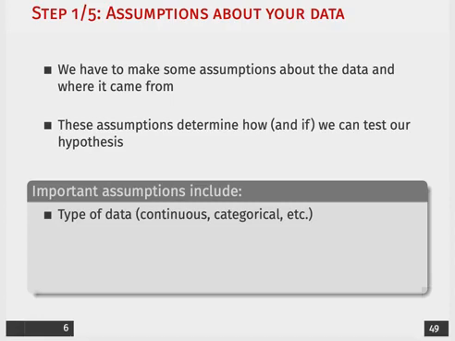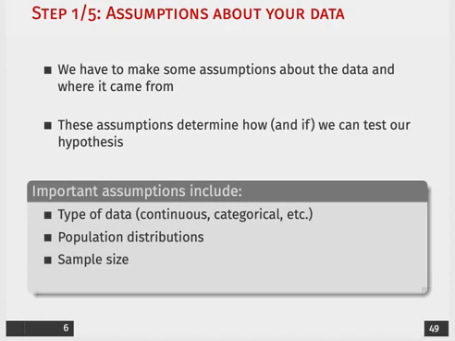So one of the first important assumptions that we have to check is what type of data do we have? Do we have continuous variables? Do we have categorical variables? We have to think about the population distributions. We have to think about the sample size.